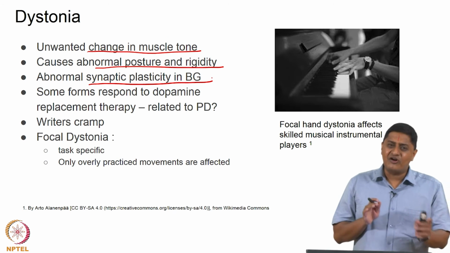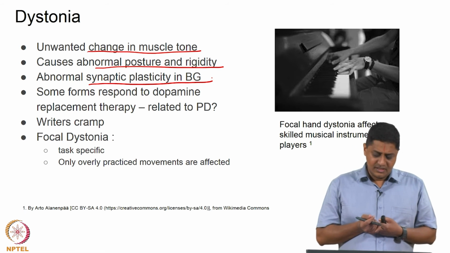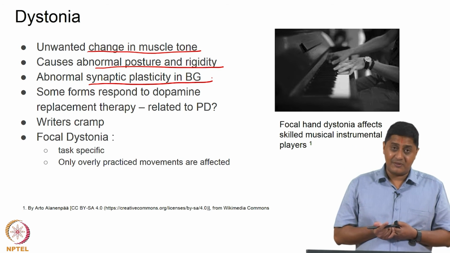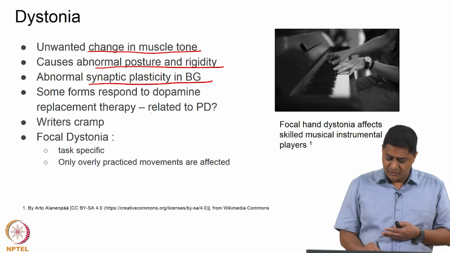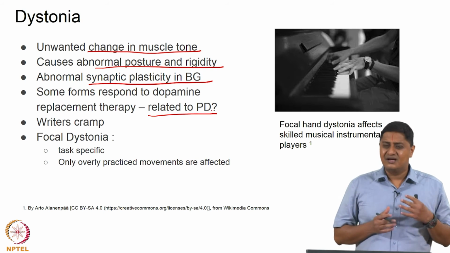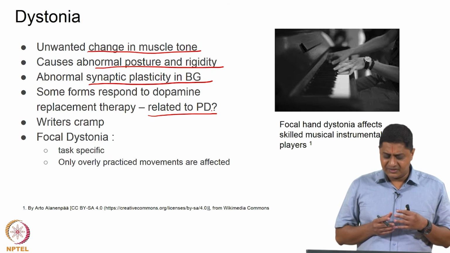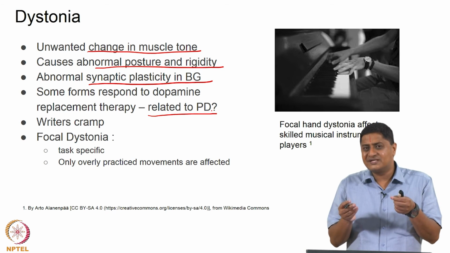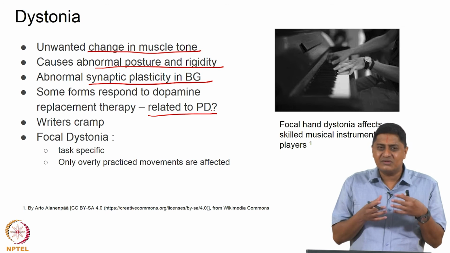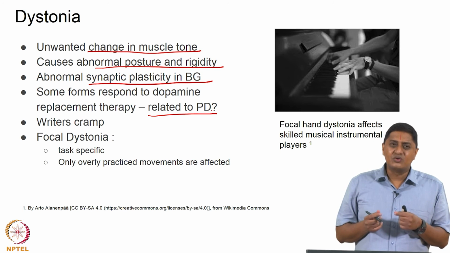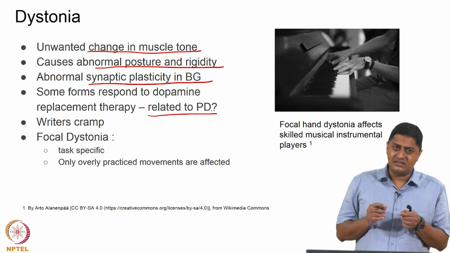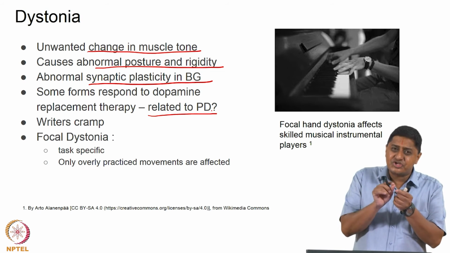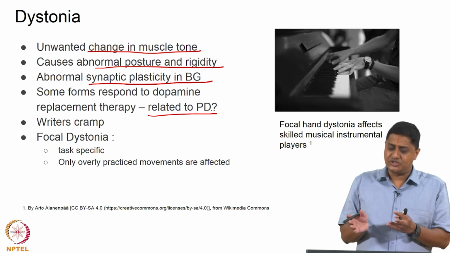Actually, some forms of dystonia respond to dopamine replacement therapy. Then is it somehow related to Parkinson's disease? In fact, the exact link of how the basal ganglia is linked to dystonia remains a mystery. We do not understand the pathophysiology or the connection between basal ganglia and dystonia.